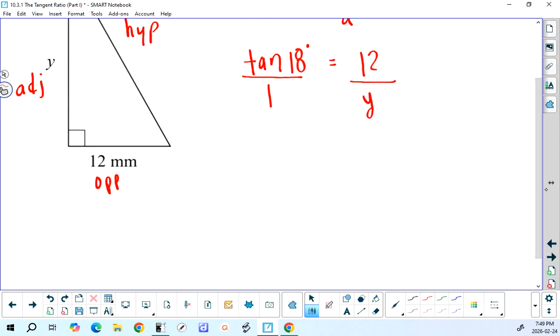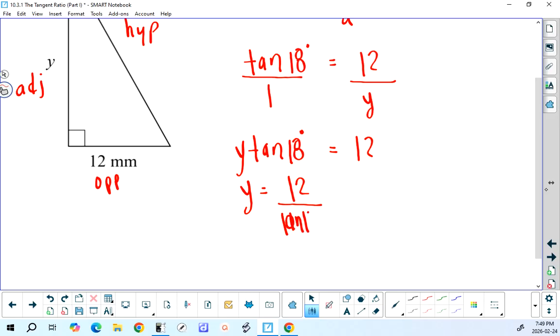When I cross multiply, I will have y times tan 18 equals 12. 12 times 1 is 12. So I divide both sides by tan 18, and this is how I'm going to arrive at my answer.